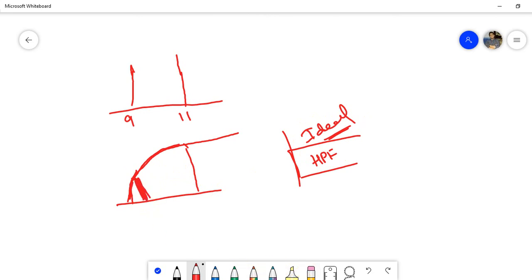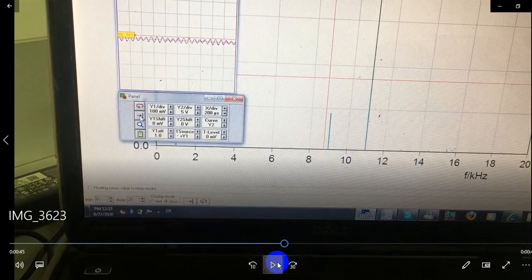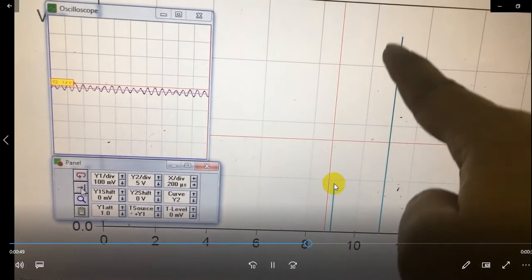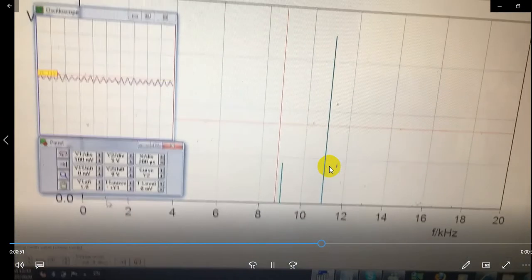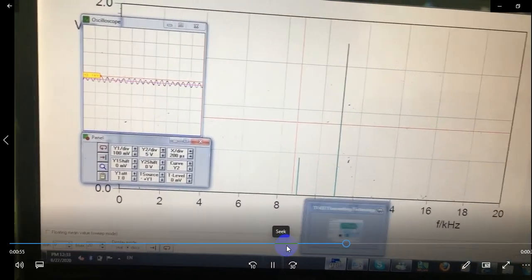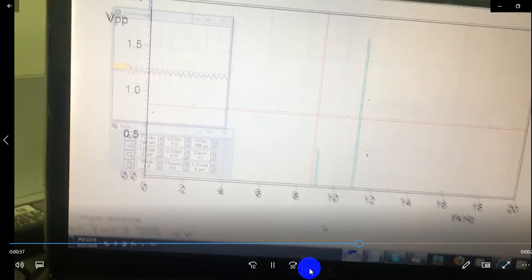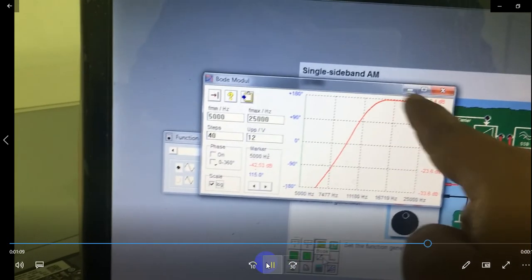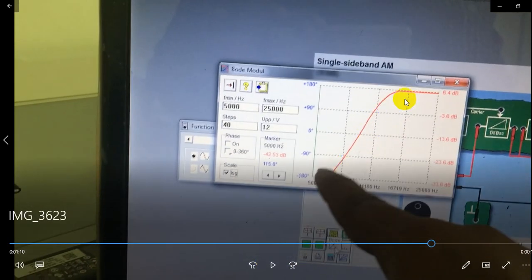Here this is the lower sideband, with less amplitude because of the cutoff sharpness. Because of this, here you are getting a high frequency component, but due to this the low frequency component is also available.